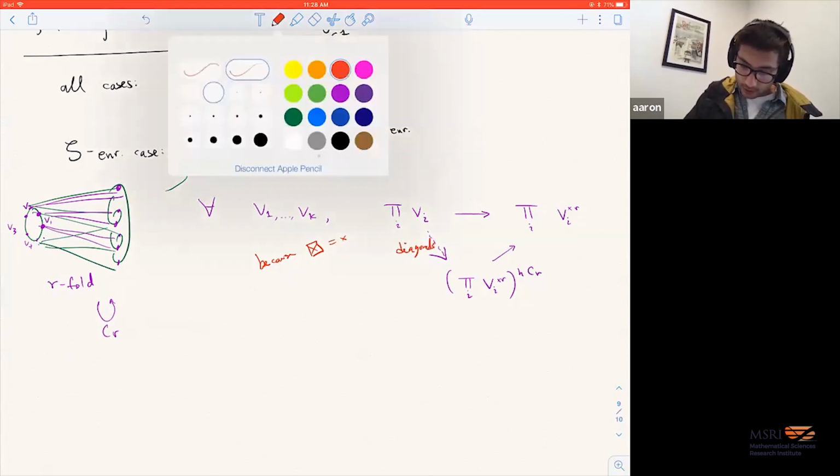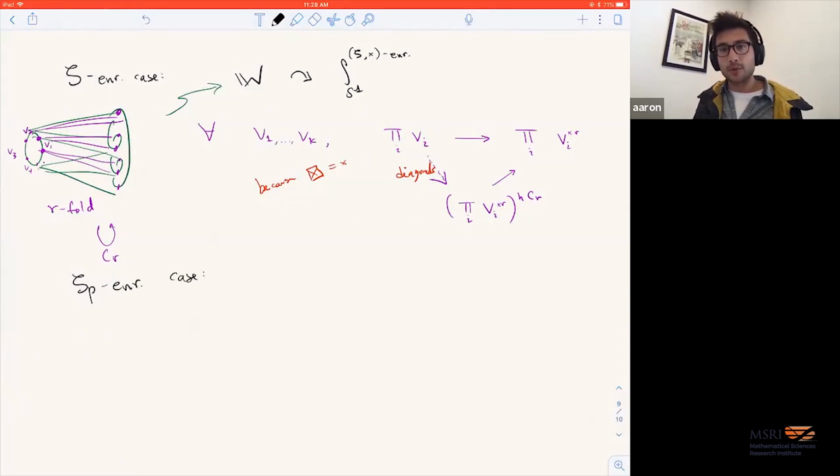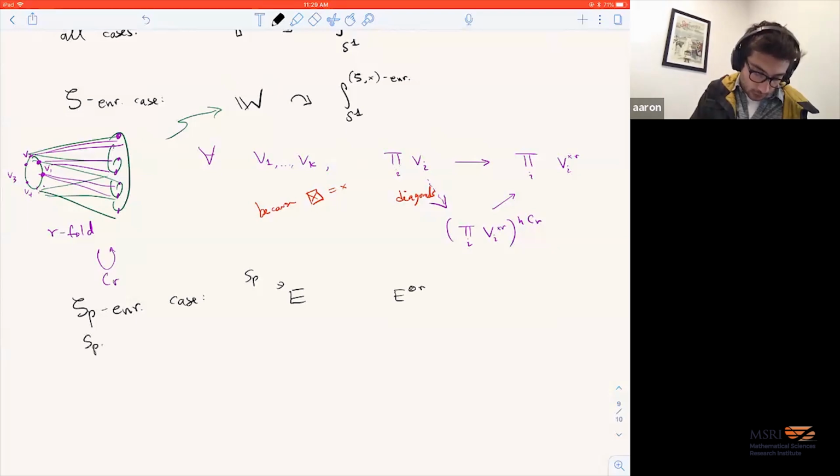And in the spectrally enriched case, you can attempt to mimic this in the simplest possible way. And you'll see that you don't have diagonals, but the reason that you don't is controlled. So let me just talk about a single spectrum. You'd perhaps want to have a diagonal map to its R-fold tensor power, that being the monoidal structure there. That does not exist in general.